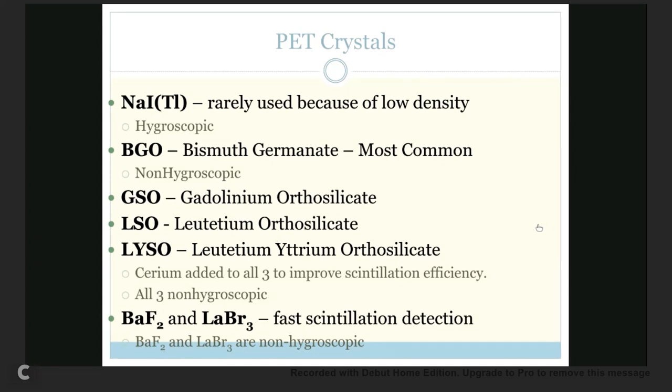And those are non-hygroscopic as well, okay? So the one that you guys probably deal with is this one, and maybe these three. That really does depend on what equipment you're using. If it's a Siemens, a GE, or a Philips, different manufacturers prefer to use different ones, okay?